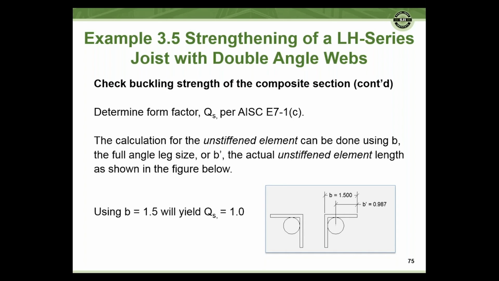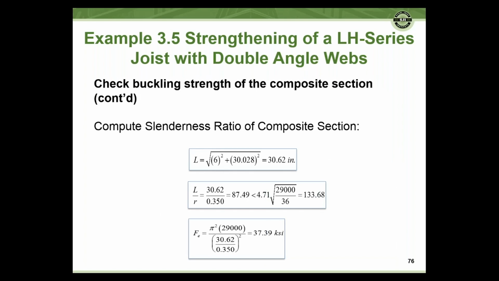Because you have a stitch weld, there is a portion where the effective width b of the unstiffened element is 1.5. Where you are welding it, b may only be 0.987. But in either case, if we use a b of 1.5, our Q sub s form factor is going to be 1.0. So our form factor really is not going to come into play in our calculations.